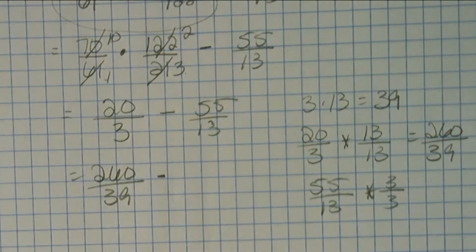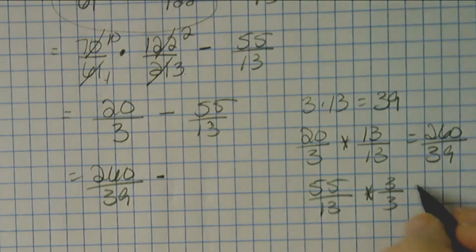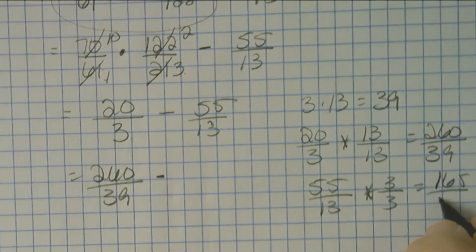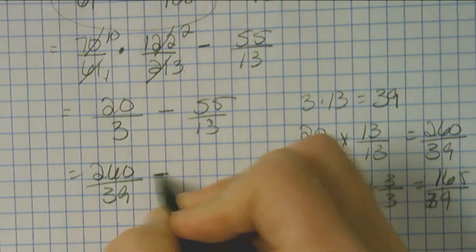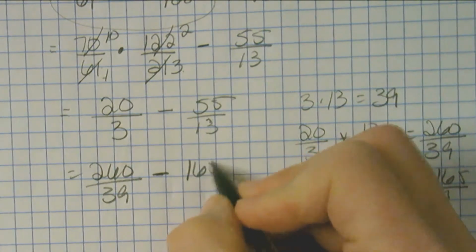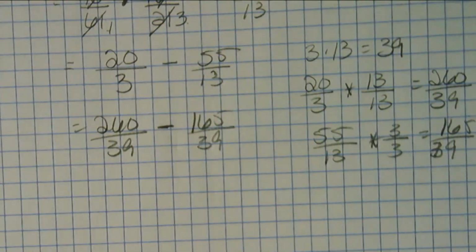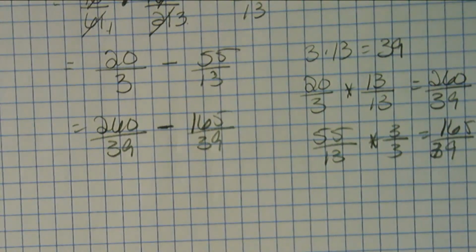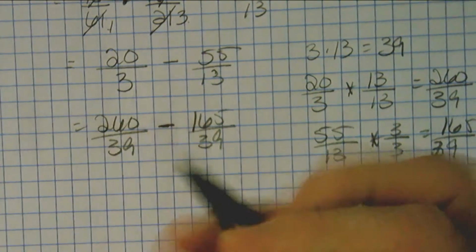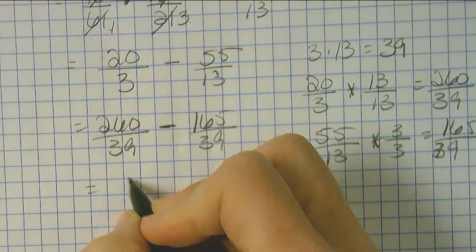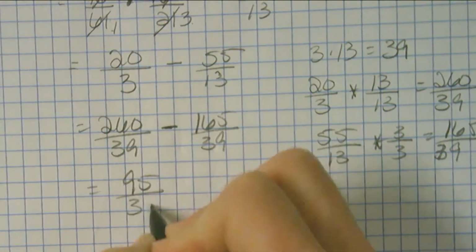So 55 times 3 gives me 165. So that's 165 39ths. So I'm going to put this back in. So I have minus 165 39ths. Now I'm just going to do that subtraction. So 260 minus 165 gives me a positive 95 39ths.